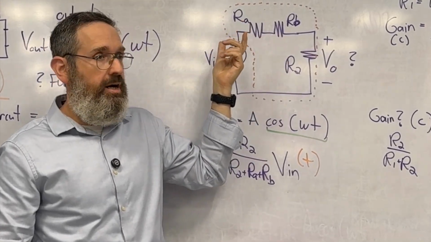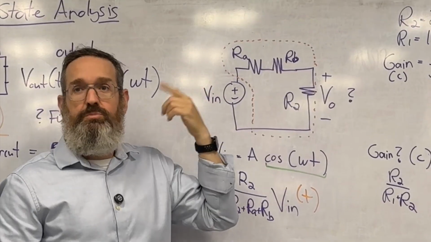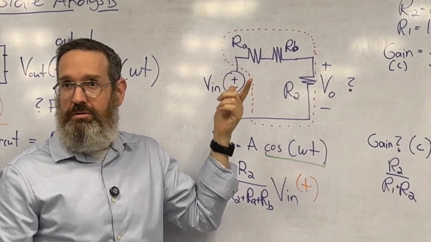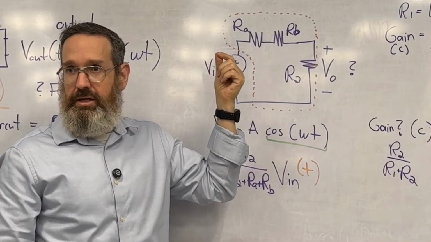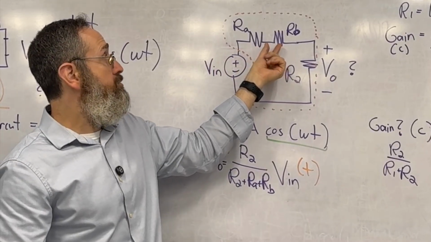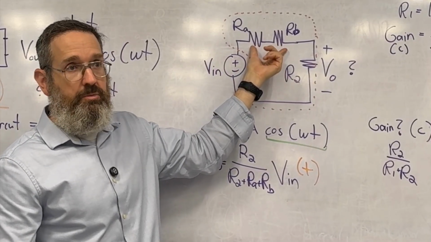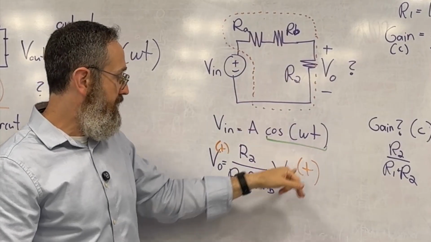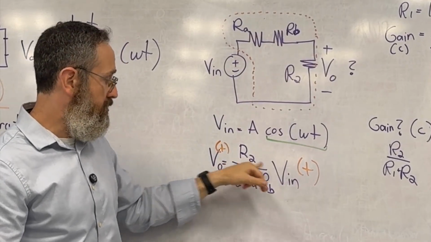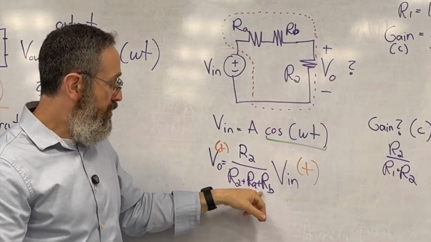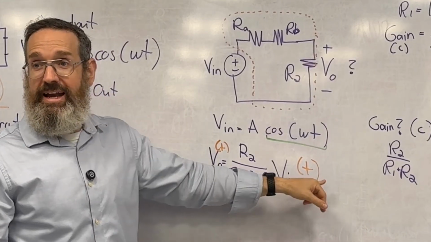What does it mean to combine them? It means to combine them from the perspective of Ohm's law. I don't physically combine them. So I treat them as one resistor with the value of RA plus RB. And then I reapplied my voltage divider equation where you have R2 over R2 plus this combined resistor. And now I have this.